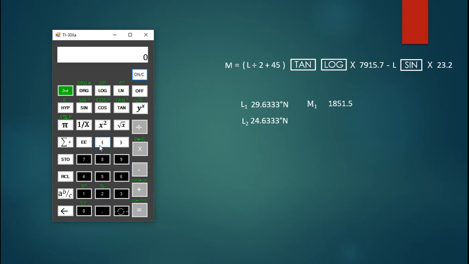So we'll start our parentheses, 24.6333 divided by 2 plus 45, close our parentheses, tangent, log, times the radius of the Earth, 7915.7, minus the sine of the latitude, 24.6333, sine, times the tropics, 23.2, equals 1516.08, so we could probably round that to 1516.1 pretty safely.